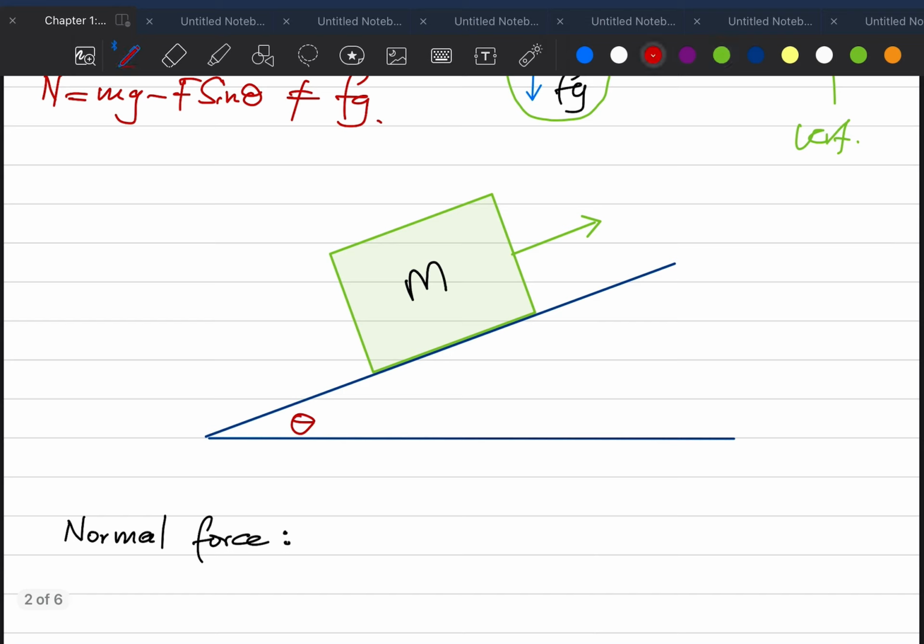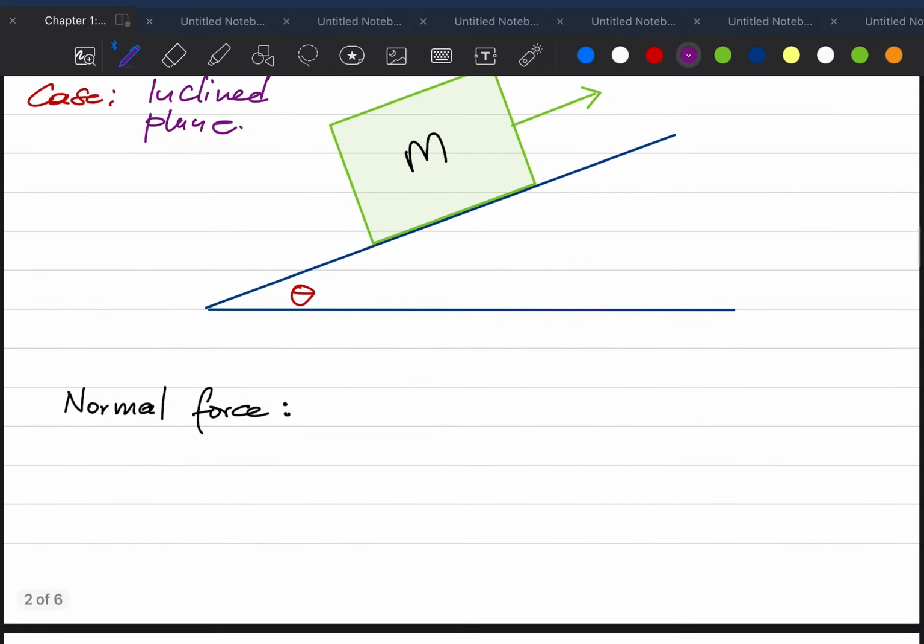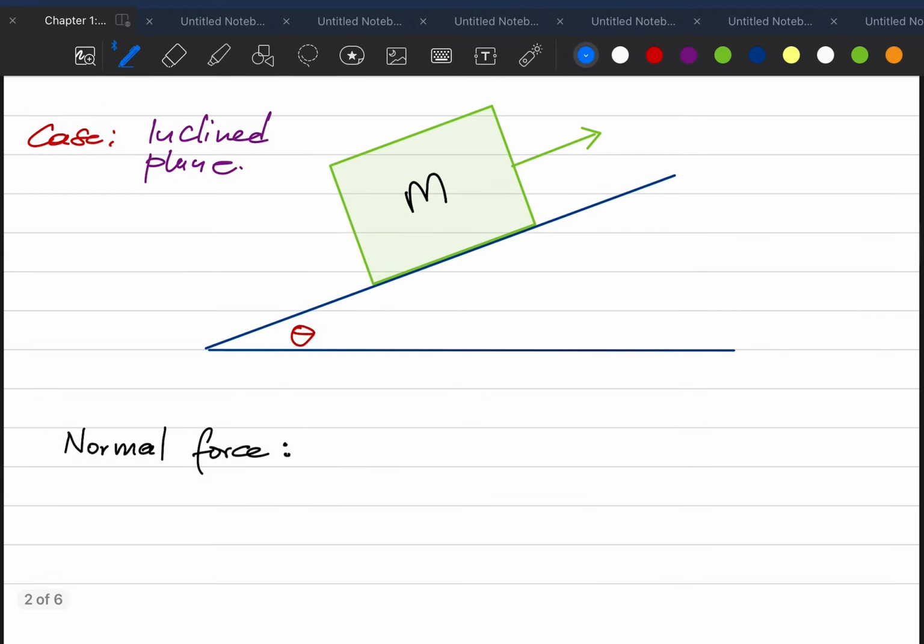We call this case 3. It is called an inclined plane. Let us draw the normal force for this one. I'm going to draw my block as a dot there.